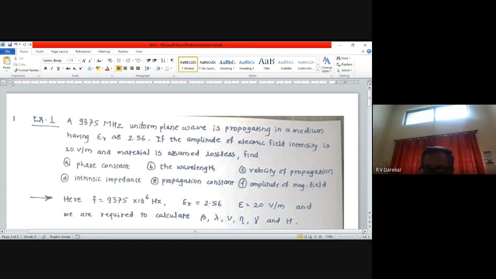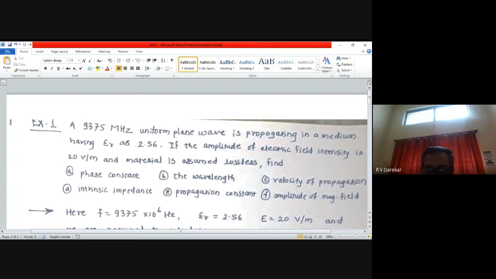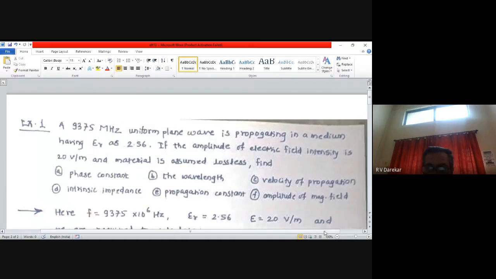So first of all, before completing this example, we have to understand what notations we have to use. First, we have to calculate the phase constant. From the previous lecture review, we have to remember the variable used for the phase constant.